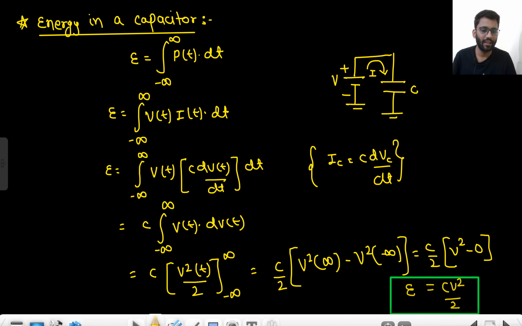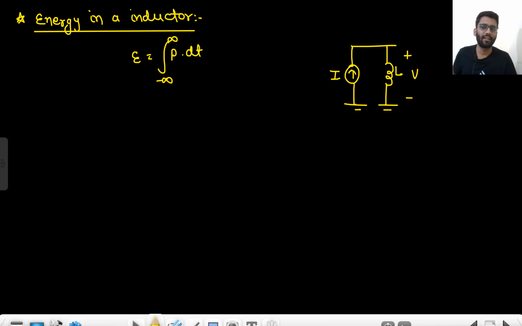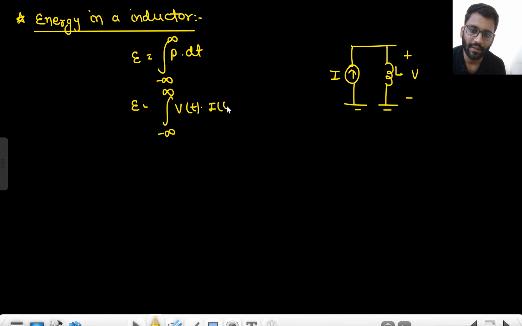Now, in the same way, try to calculate the energy in the inductor on your own. Don't look at the final expression; try to calculate it on your own. So what you will do? E is equal to the integral from minus infinity to infinity of p dt, where p is v(t) into i(t). So i(t) will remain as it is.